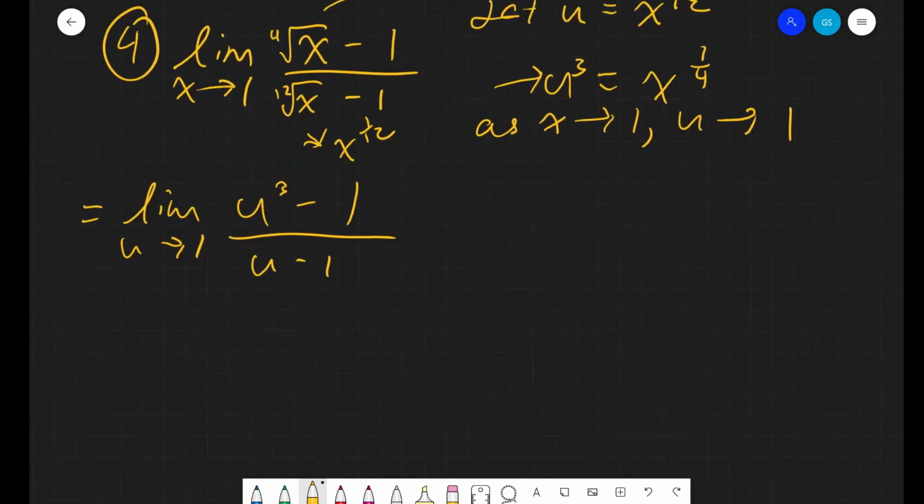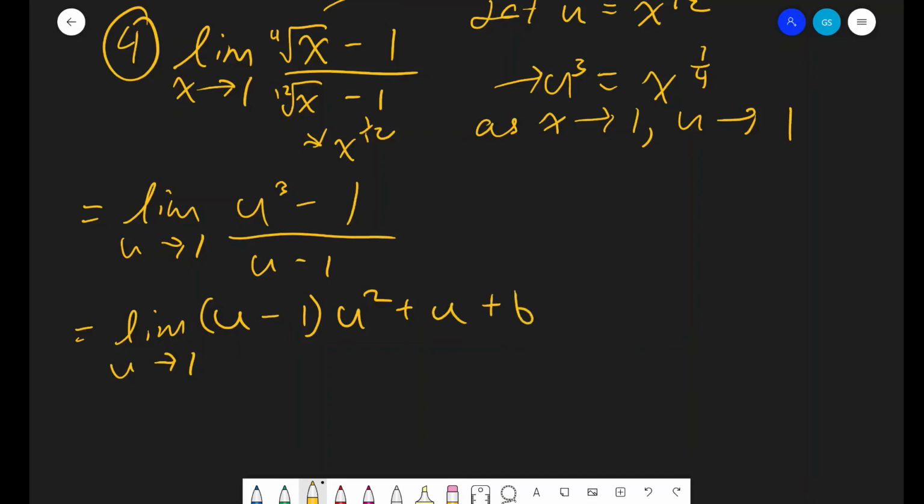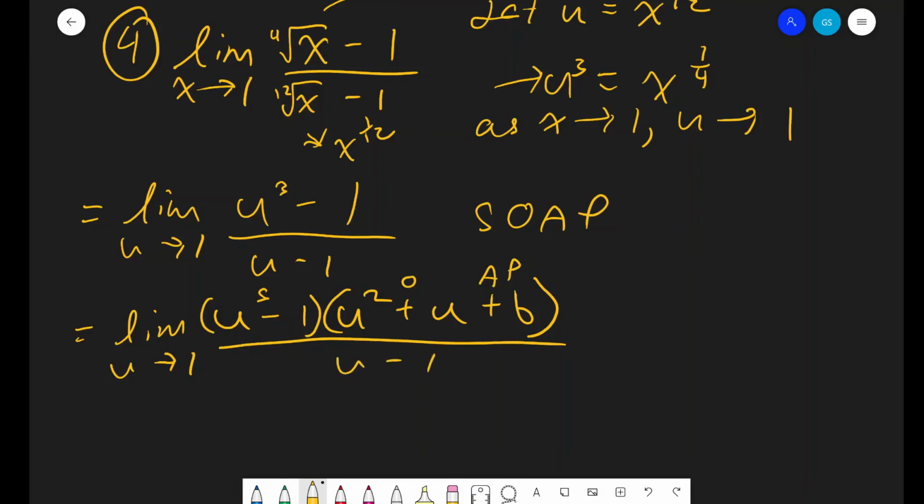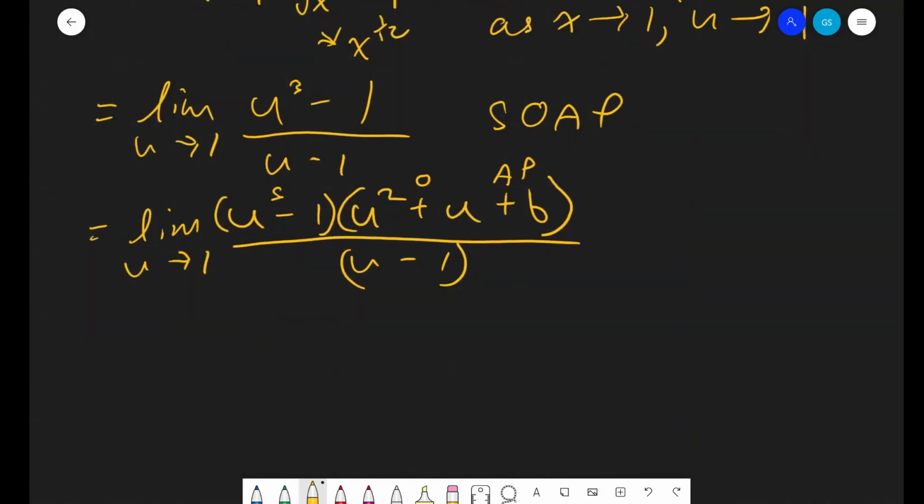Now we have another SOAP situation here. Hopefully you've mastered this by now. So all I've done is same, opposite, always positive, u minus 1. These guys cancel out.